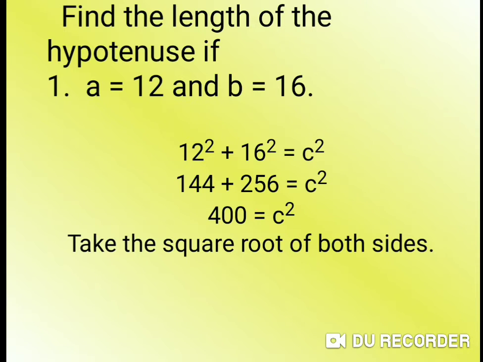After that, we will take the square root of both sides. On one side we have 400 and on the other side we have c square. We're going to take the square root of both sides. First, I'll take the square root within the root, since it is c square.